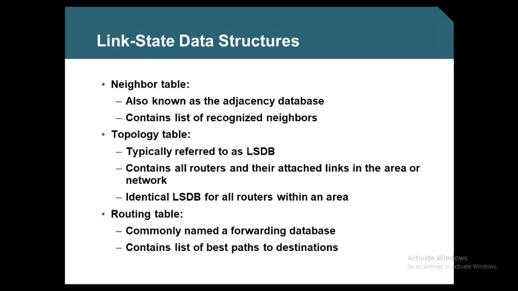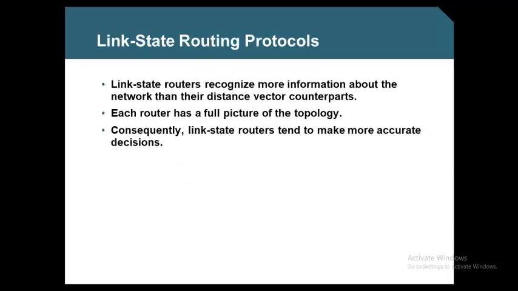Now, why is link state routing protocol so important? Compared to any other routing protocol, link state protocol can provide more information, because it is the link state advertisement that is shared between the routers. It's not the routing table that is shared. When a routing table is shared from one router to another, only the best path is shared, not all possible paths, not all available paths, not the complete link status.